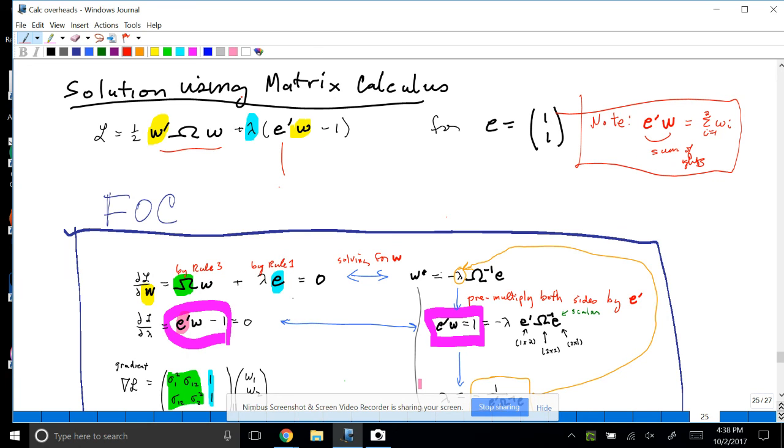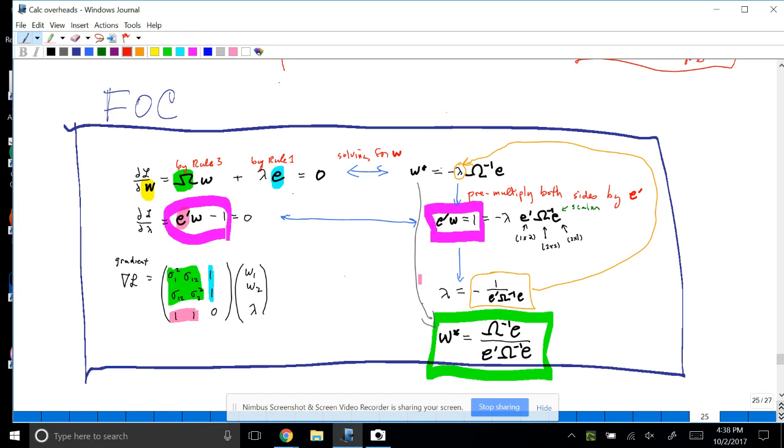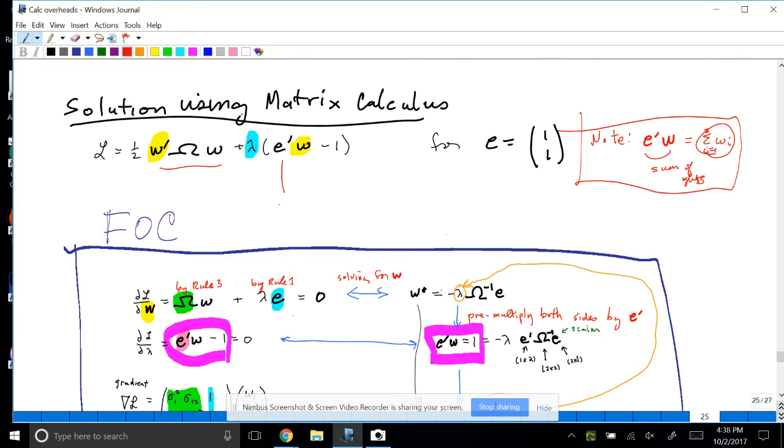If I have a vector of ones times the weights, it sums up the weights. So I do my little calculus here with the first order condition with respect to W. Using rule 3, it's going to be the covariance matrix times W. Using rule 1, it's just going to be lambda times the row vector of ones.